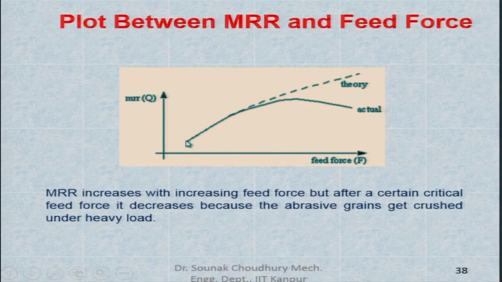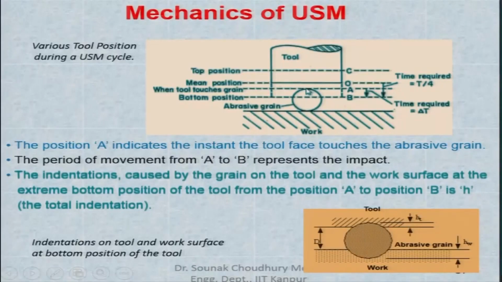So it will grow like that, and theoretically, as the feed force increases, the material removal rate grows. But actually, when the feed force is increasing, more force is required to move the particle. Here, the tool touches the grain and then moves it, so more feed force is required to move that, so that the material removal rate grows.